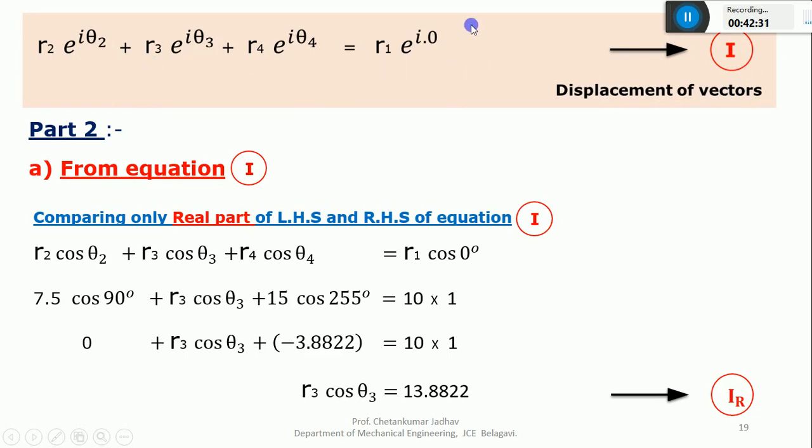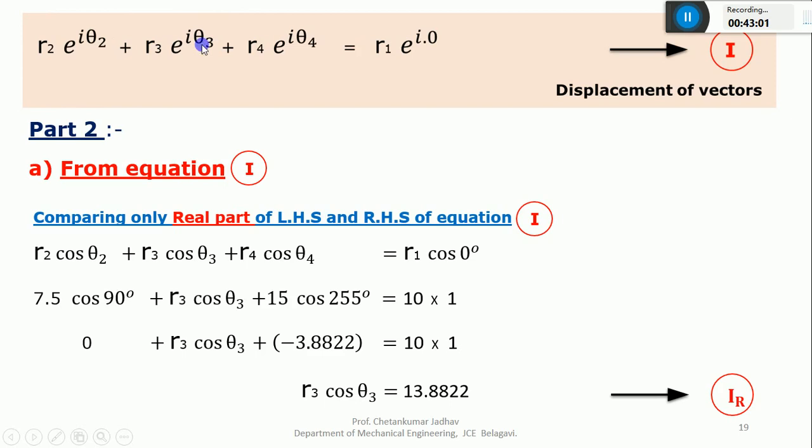In this one, compare only the real part of LHS and RHS of equation 1. So this is equation 1, right? This part is LHS and this part is RHS. And I know how to write the real part and the imaginary part of each equation. So I can simplify this as R2 into bracket cos theta 2 plus i sin theta 2.